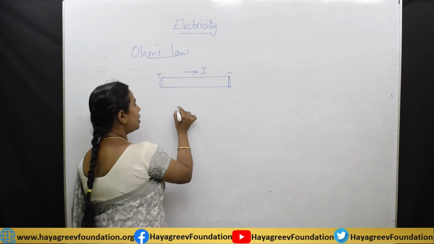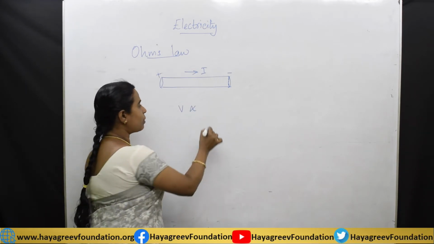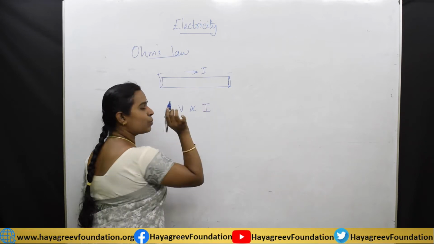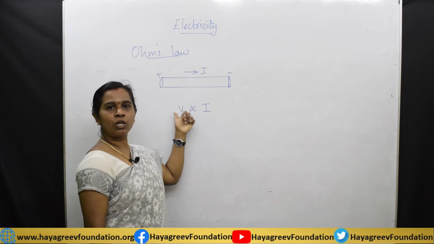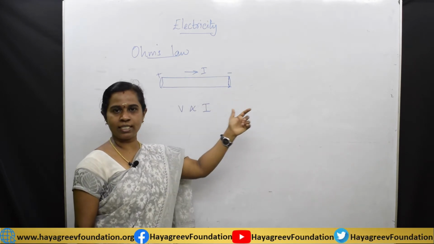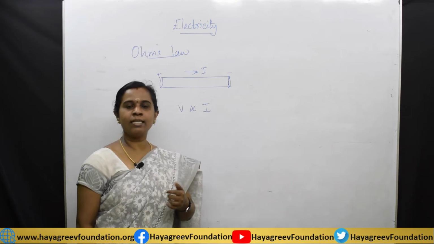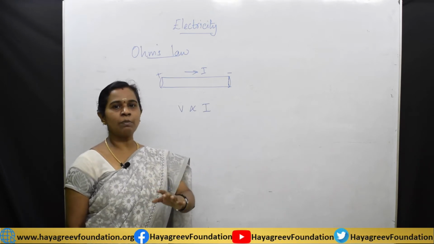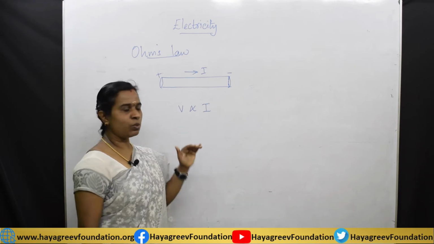Then the potential difference across two ends of the conductor is directly proportional to the current flowing through the conductor, provided the temperature remains constant. So our temperature is unchanged. This is Ohm's law.